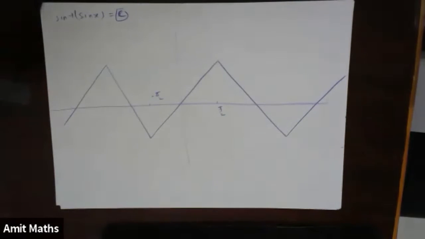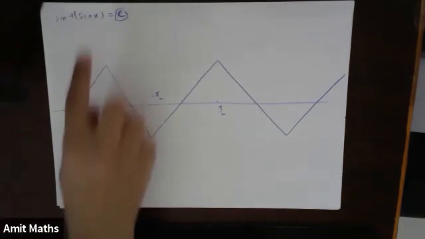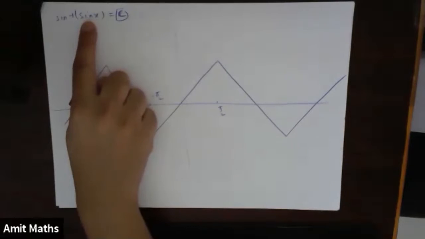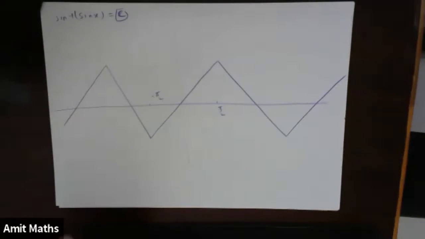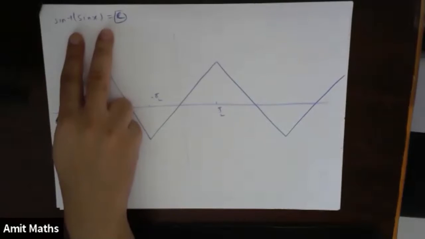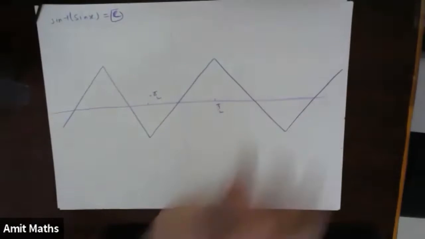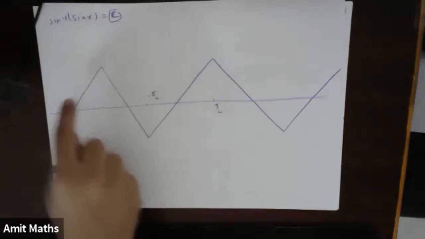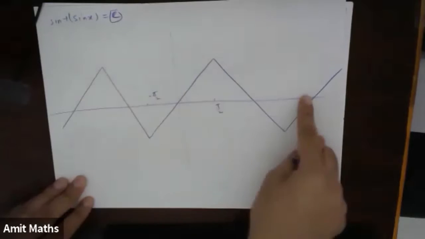Okay. Now, the only thing which was restricting the domain was this sine inverse, right? Now, because the values will be taken by sine first, there can be no more restriction on the domain.